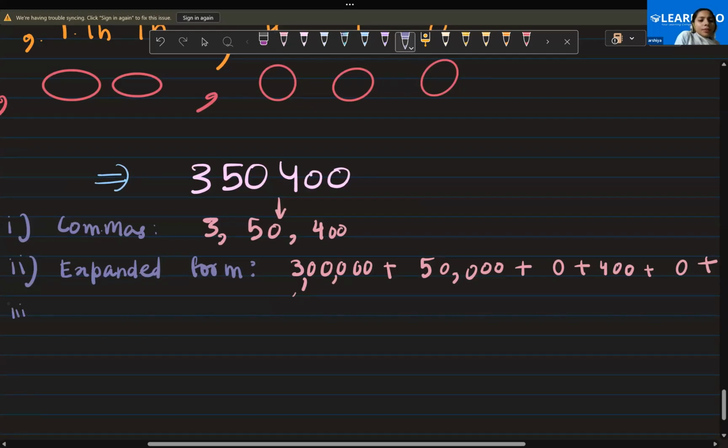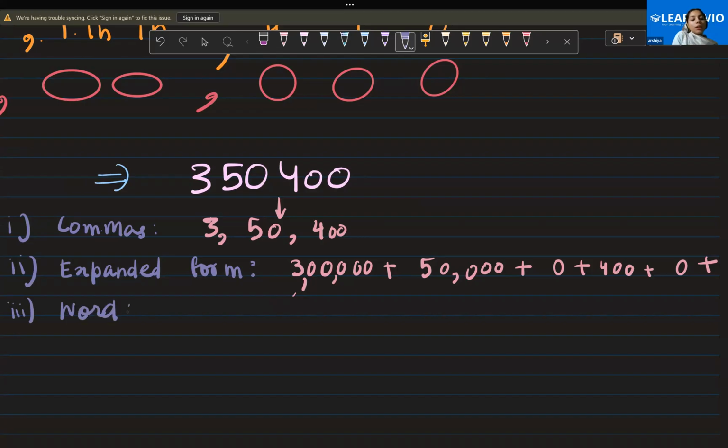Yes. All right. Now I have to write this in words as well. How will I pronounce it? How do I speak this number? 3 lakhs. Correct. 50,400. Very good. So 3 lakh.